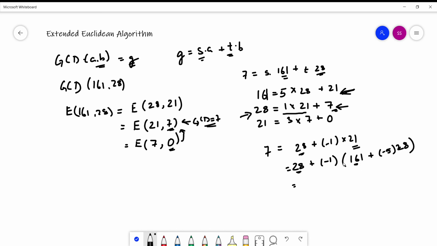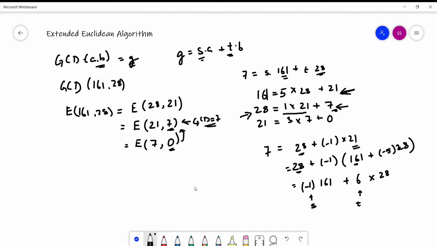So I can write this as minus 1 into 161, correct, plus this term is minus 1 into minus 5, so it will be positive 5, and plus 1 into 28, so it will be 6 into 28. So we got this as S and this as T.